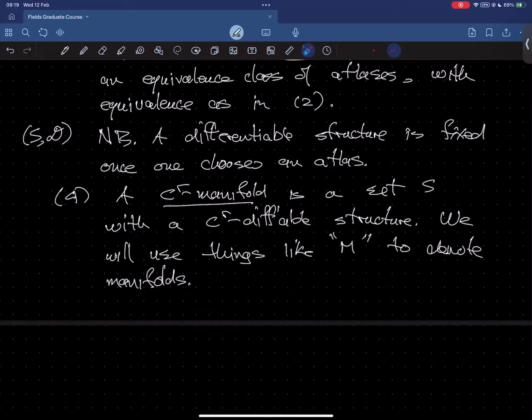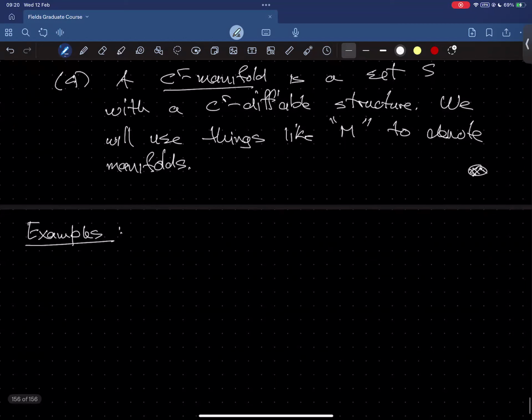But in the homework, you'll have some examples of the same set having two different differentiable structures, and the homework questions, of course, will not be Fields Medal winning questions. Okay. Right. So now we know what a manifold is. Let's look at some examples just to see how this works in practice.